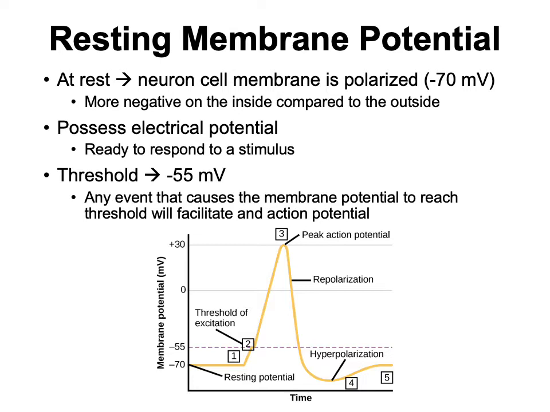If a stimulus opens up the sodium channels, allowing an influx of that positive ion, it'll cause that membrane to move closer to zero. And once that membrane reaches negative 55 millivolts, it will facilitate an action potential as you see it peak at number 3. It'll peak at positive 30 millivolts, and as soon as it peaks, it starts to repolarize, as you can see on the back side of that curve.